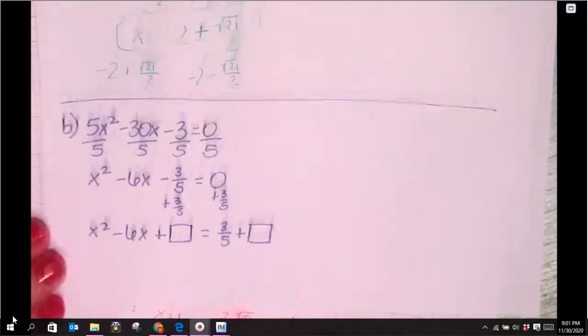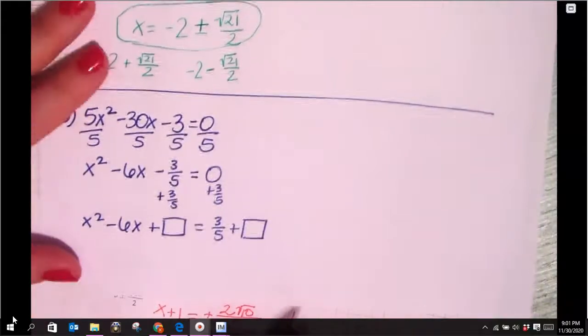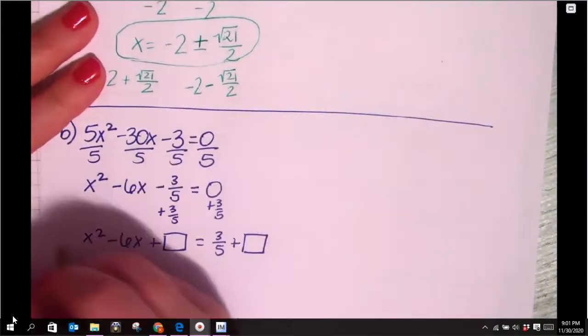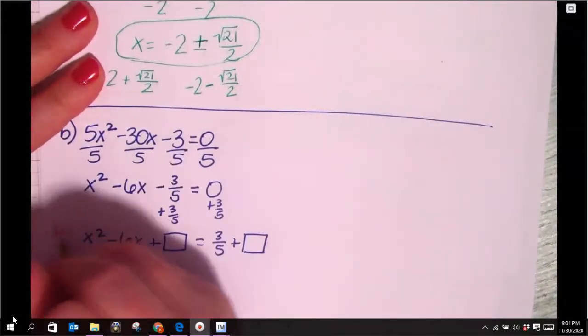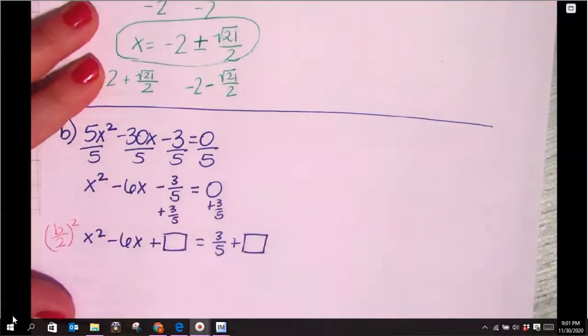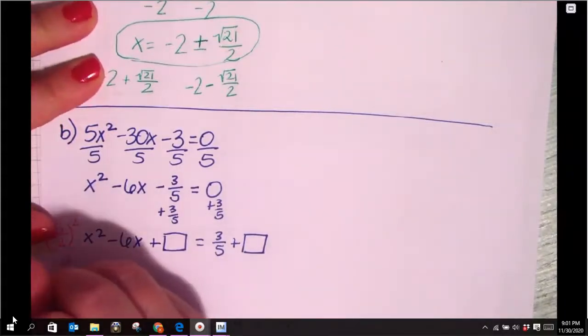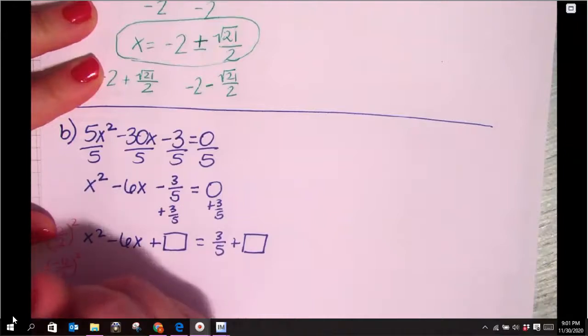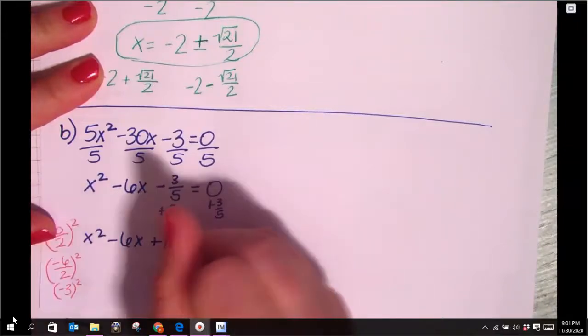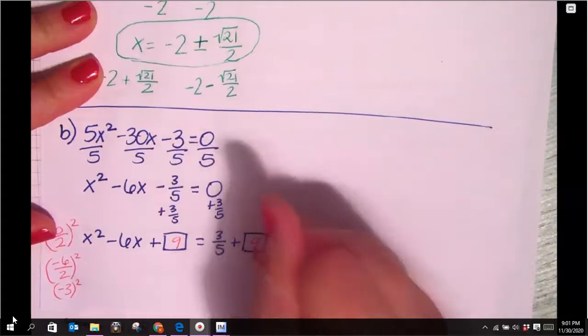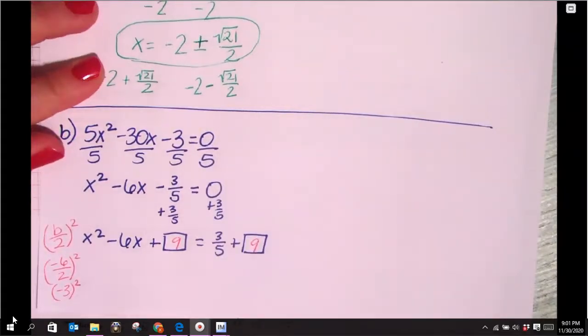We need to do b divided by 2 and square it. In this case, b is negative 6. Negative 6 divided by 2 is negative 3. Negative 3 squared is positive 9 on both boxes.